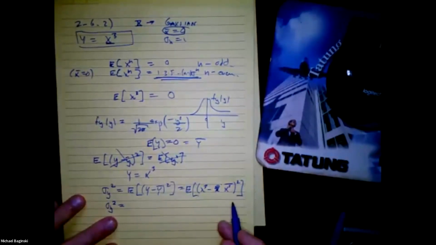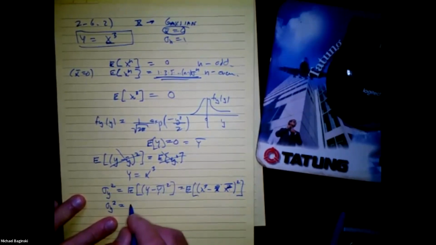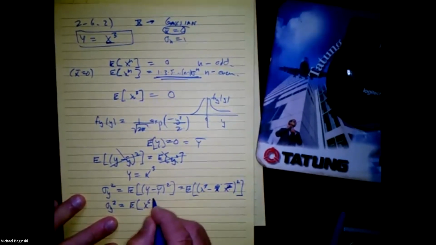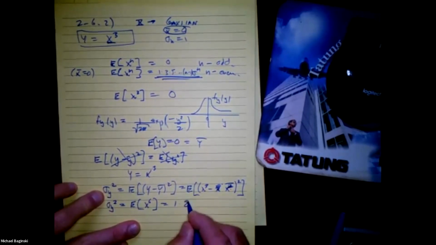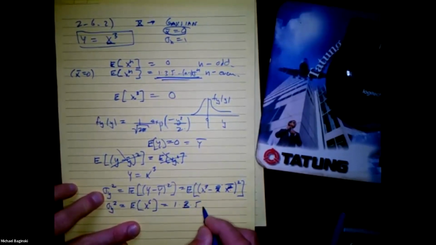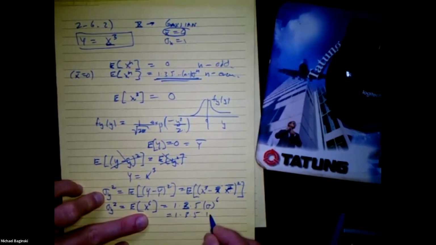Since it's 0 mean, this is going to be simply, and it's even, the expected value of x to the 6th. That's what I'm trying to say here. And that's even, that's 1 times 3 times 5, since it's n minus 1, times sigma to the 6th power. So it's 1 times 3 times 5 times 1 to the 6, which is just 1, and that's 15.